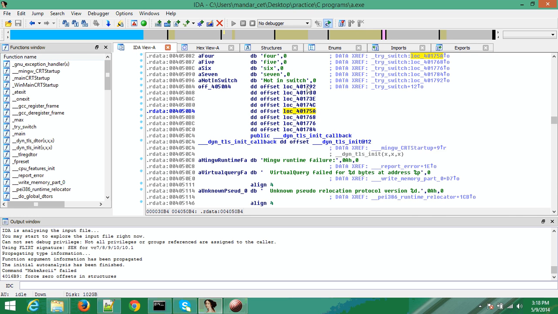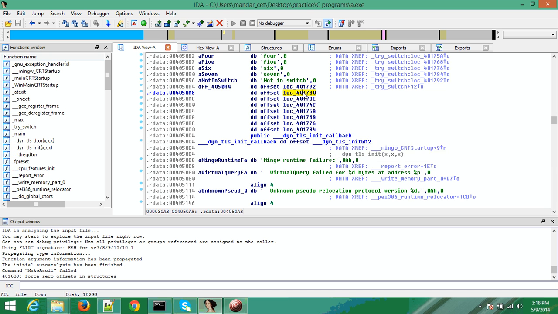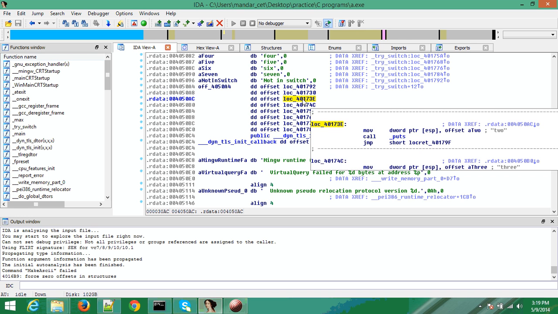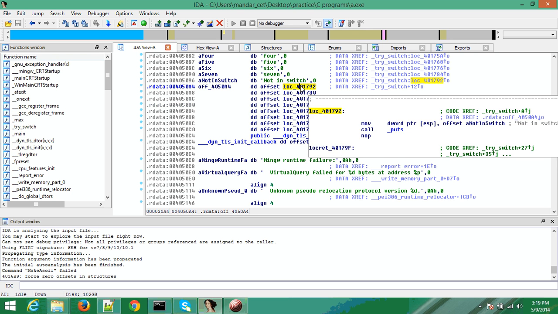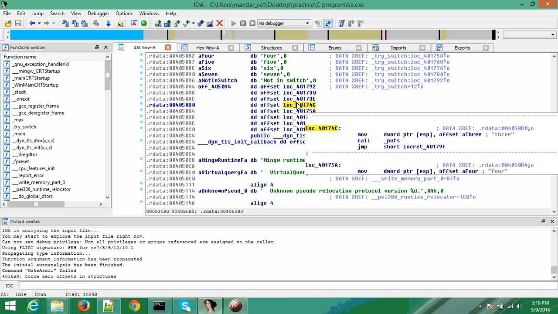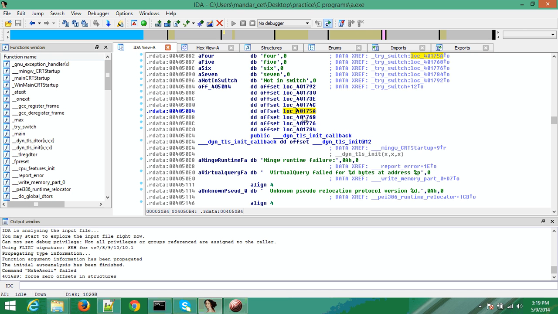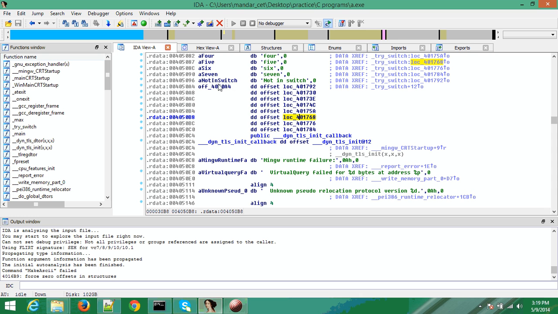So this is the original, this would be 0, this would be 4, this would be 8, this would be 12, this would be 16, this would be 20, and this would be your 24. So this is the 24th offset in that specific table, and that's what you're doing, basically adding that and then jumping.